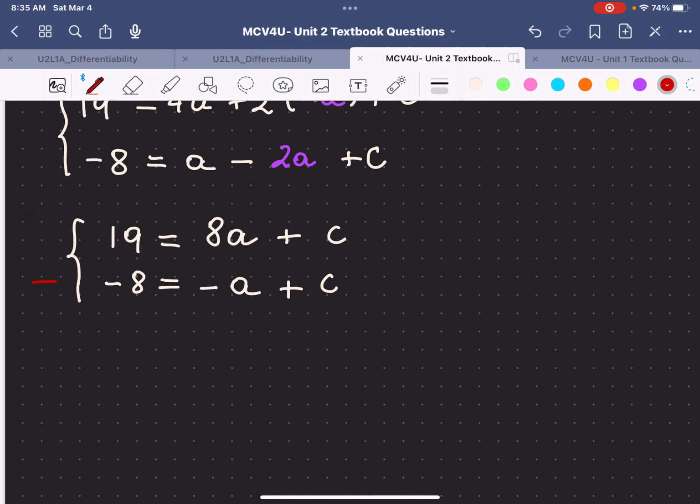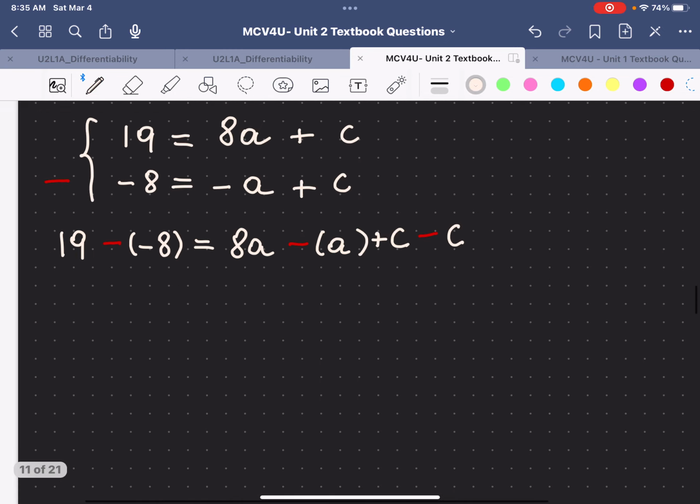So that means that we have 19 subtract negative 8 equals 8a subtract negative a, and then c subtract c, which is basically nothing, and we don't usually write it.